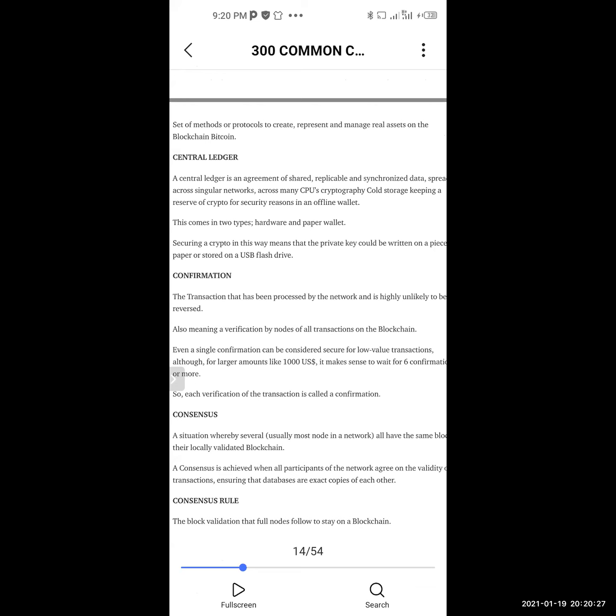If it's 1, 2, or 3, depending on the confirmations needed, because the blockchain needs to confirm that the coin is coming from a legit source and it will get to you. As soon as it becomes confirmed, you see it becomes green, and you find out that the coin has reached you. But sometimes the coin would have left the person sending it, but it has not reached you because it has not become fully confirmed on the blockchain network.